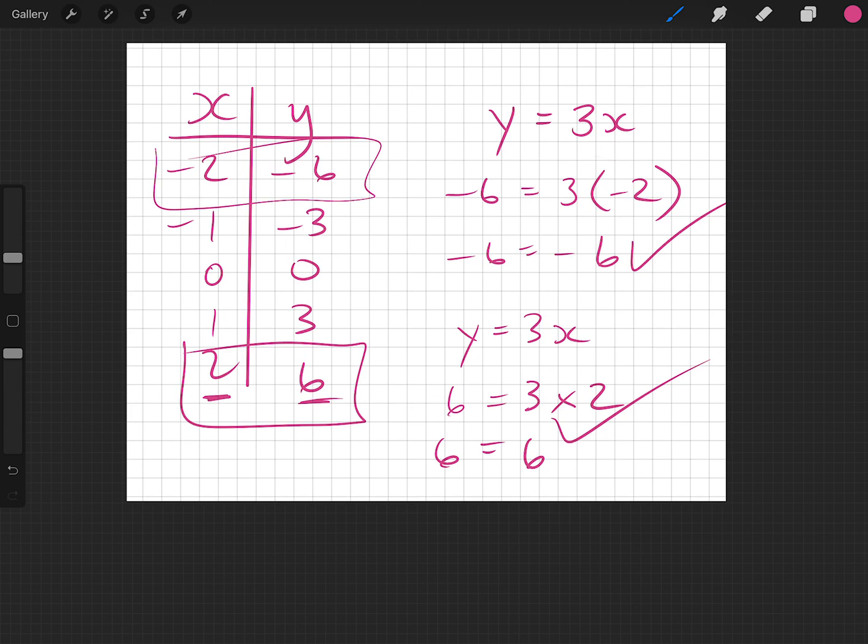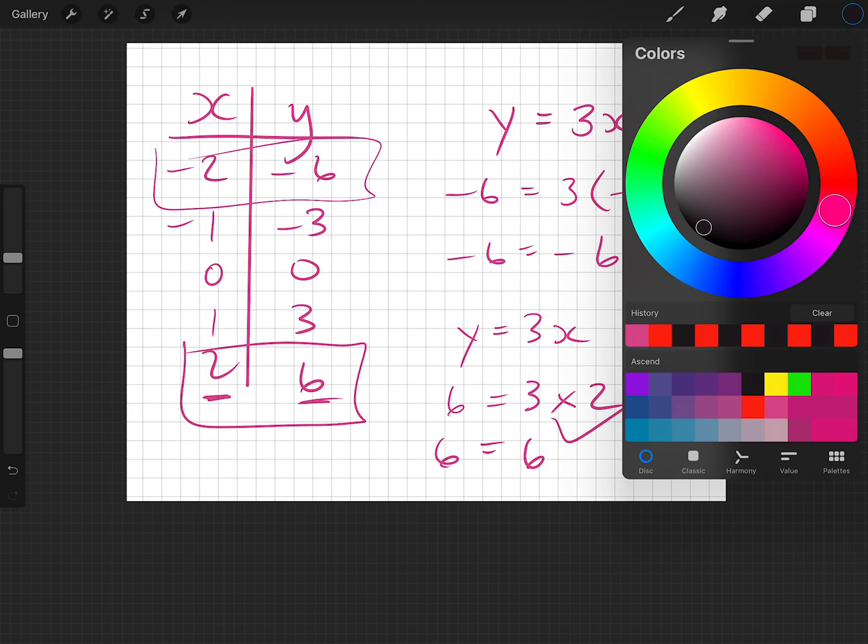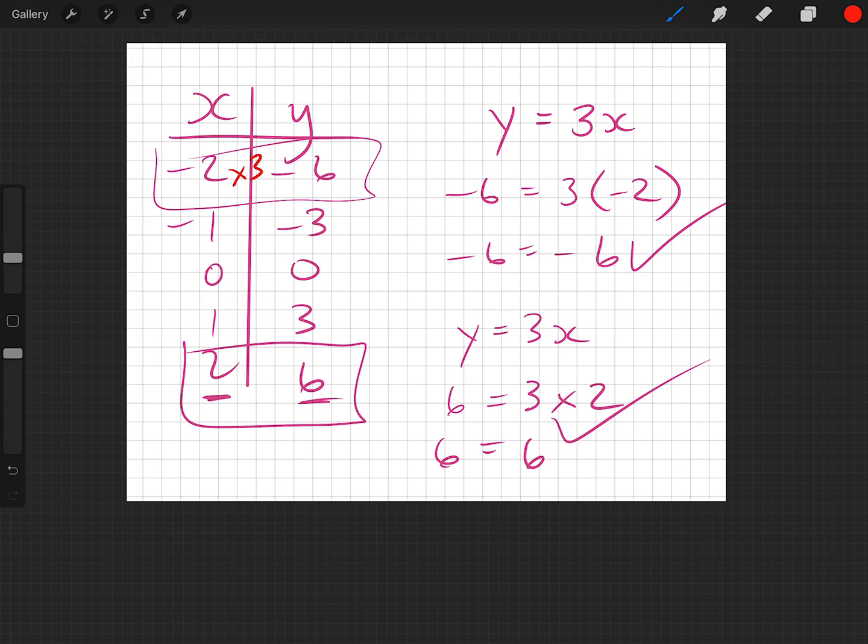What you're doing every time is multiplying by, in this case, 3 to get to the y. Times 3 equals, times 3 equals, 0 times 3 is, of course, 0, so that works. 1 times 3 is 3, and negative 1 times 3 is negative 3. So they all check out.